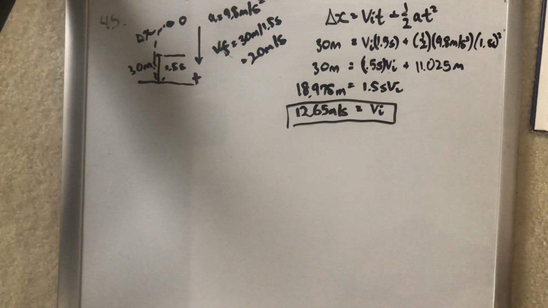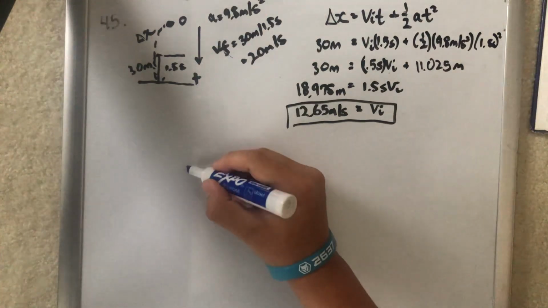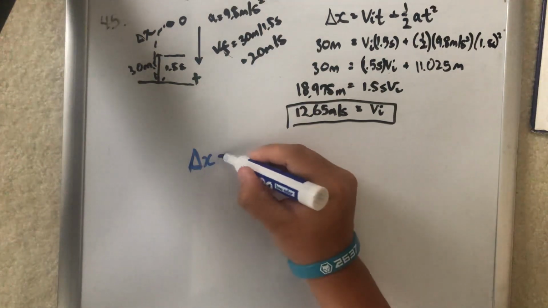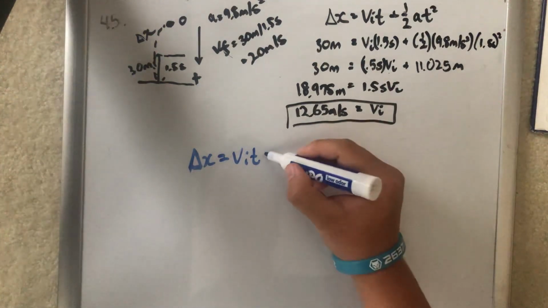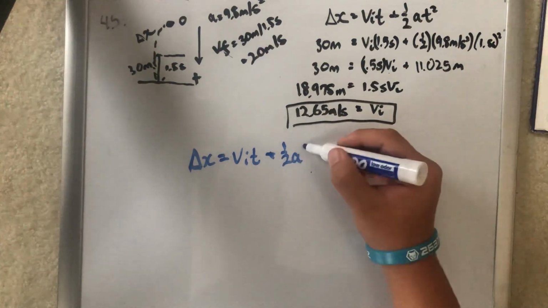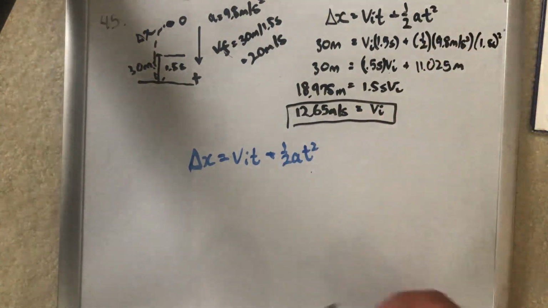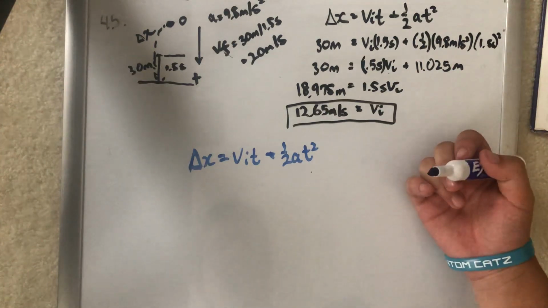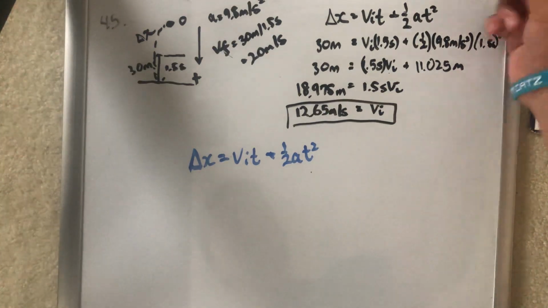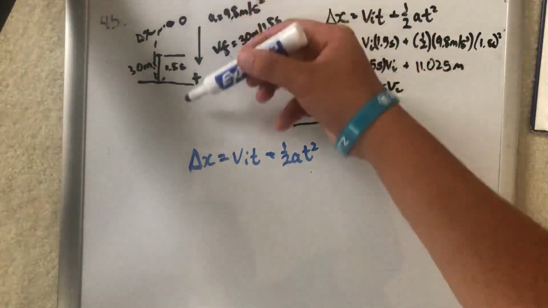Let's change it to a different color. The second equation, we would use x equals initial velocity times time plus 1/2. So the same equation, but we're going to have to derive something else from it because we don't know what this time is.